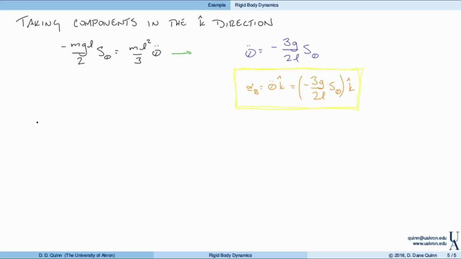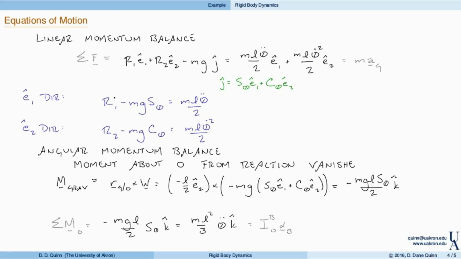Now, looking at the reaction force, we can go back and solve for R1 and R2. And when I look back, let's go back a slide, we see that R1 depends on theta double dot, while R2 depends on theta dot.